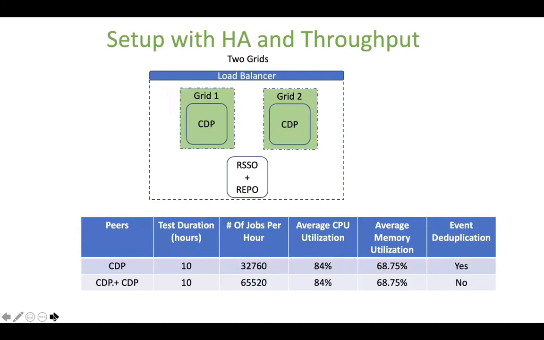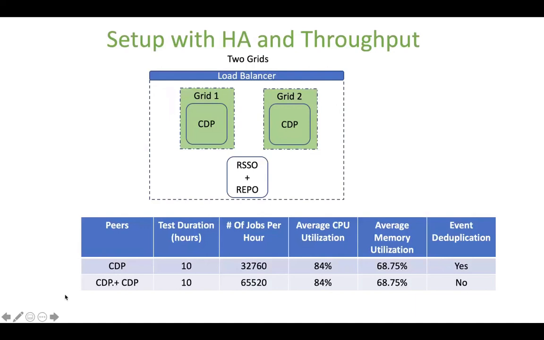As you can see, this particular scenario is not necessarily useful when you have monitor adapters and you want HA for it, right? Monitor adapters typically, if you have two instances of monitor adapters, are receiving events from the same source. They send it into the grid, and there is some deduplication logic implemented.